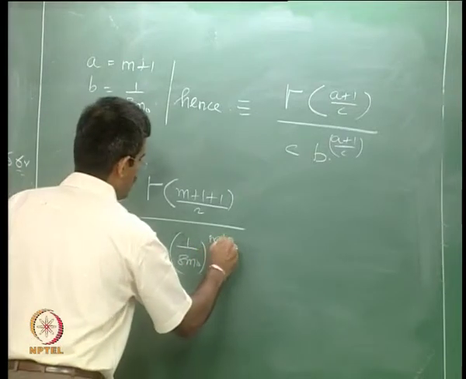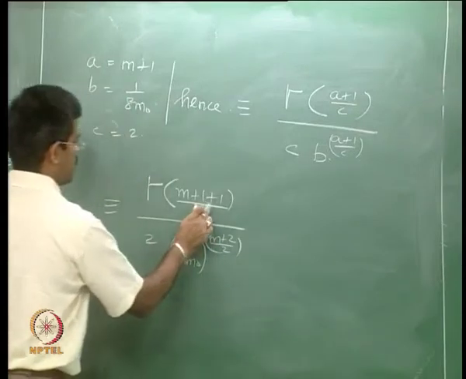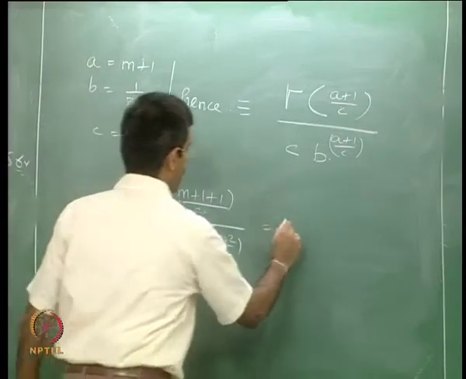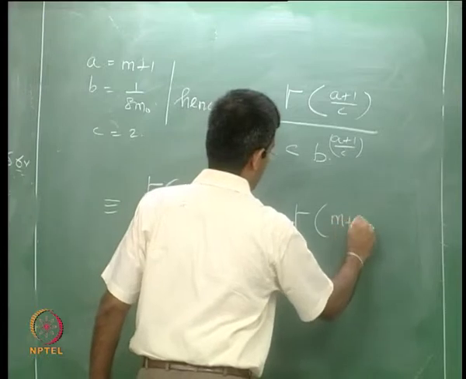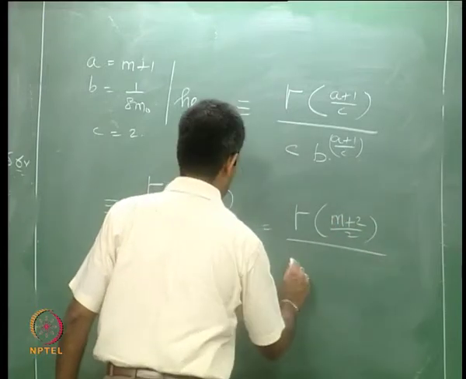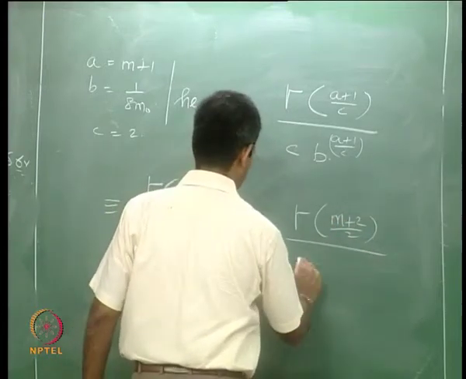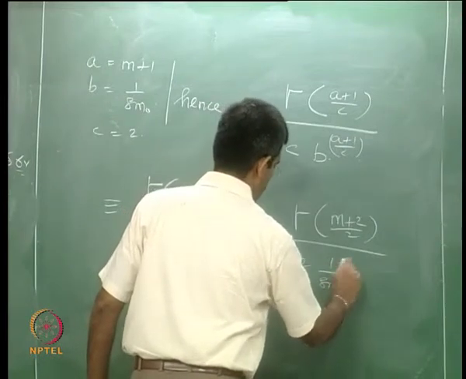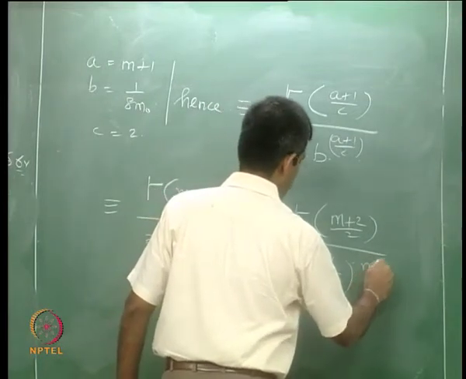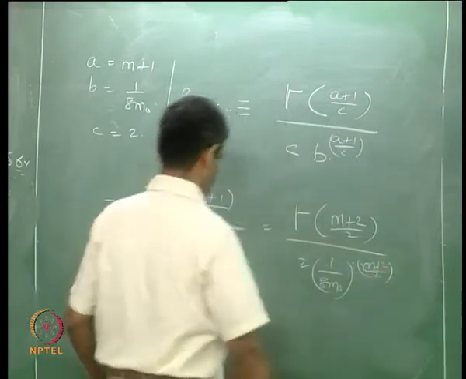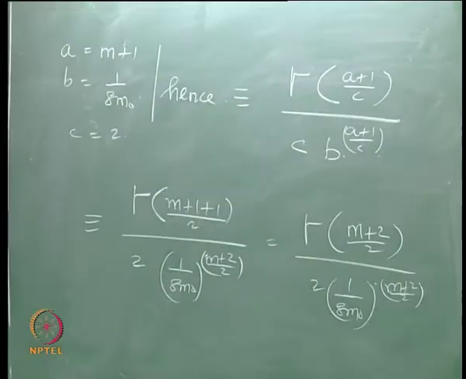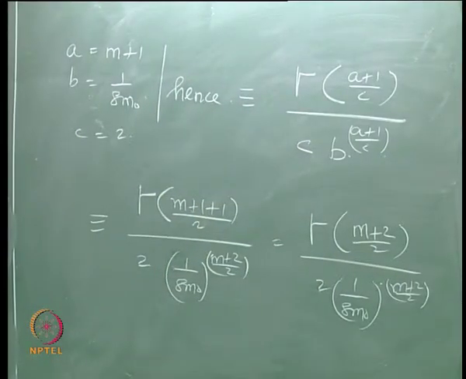Is that okay? I get this as m plus 2 by 2, which can be gamma of m plus 2 by 2 divided by. This can be evaluated like this.